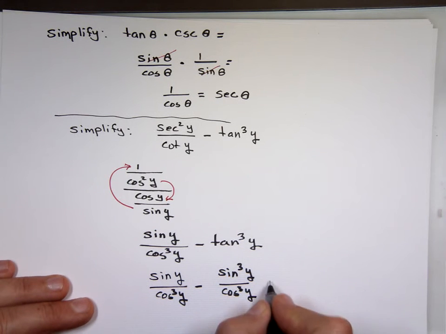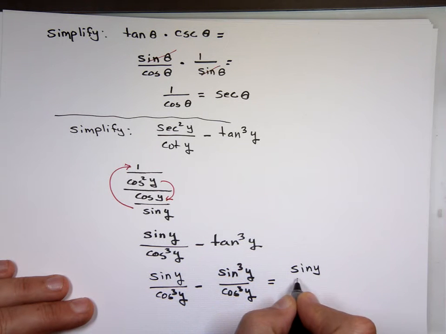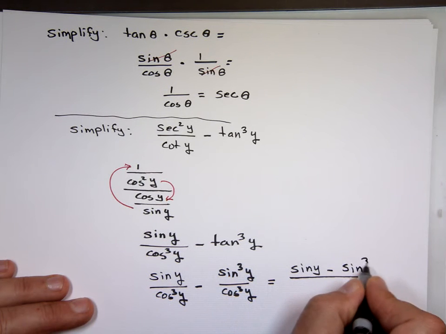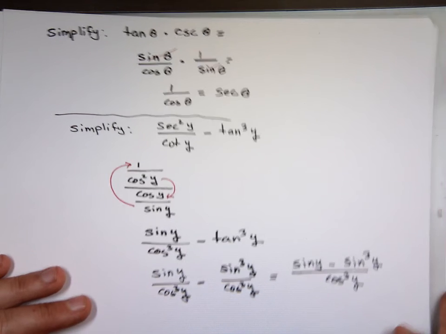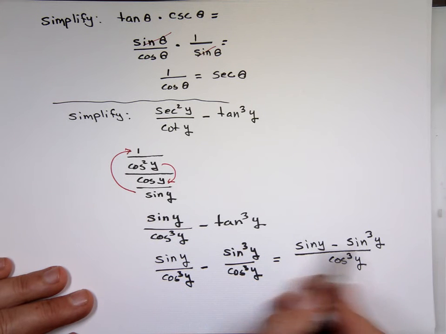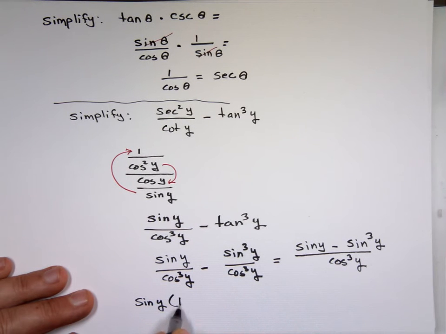That's sine of y minus sine cube y over what? Cosine cube y. Anything else I can do? Can I factor a sine y out of the top? Let me factor sine y out of the top. What's left? 1 minus sine squared y.